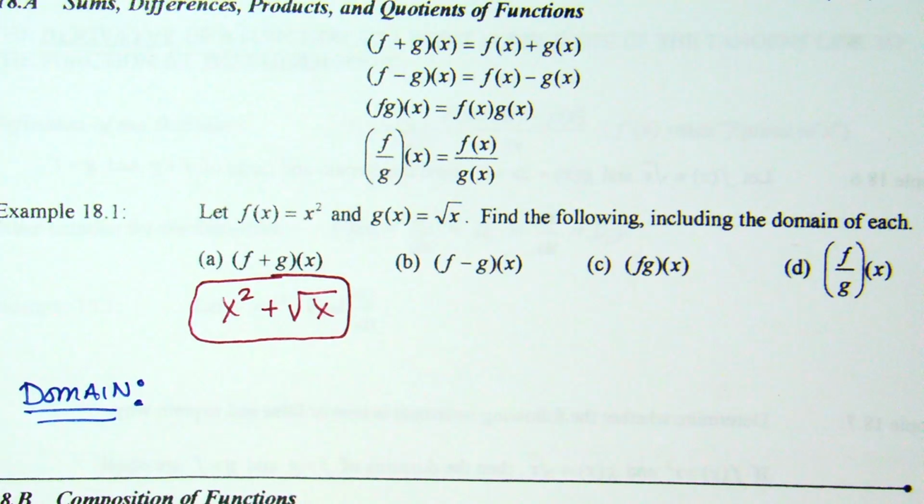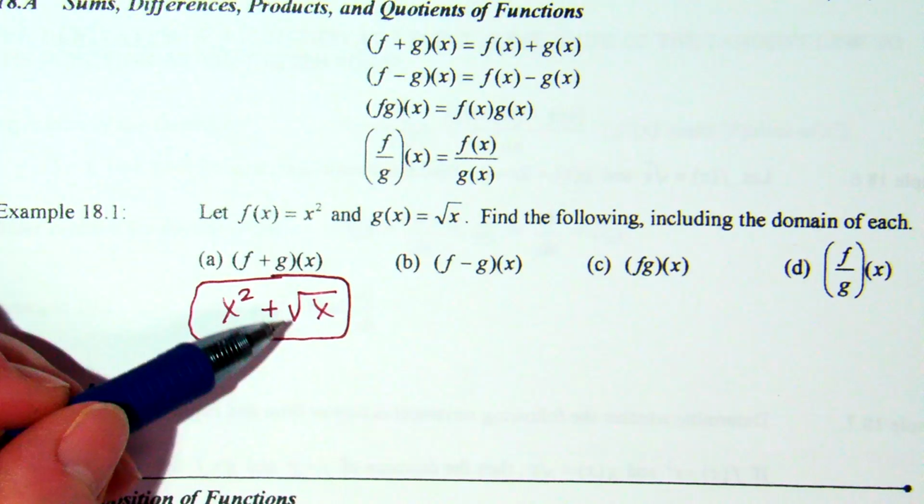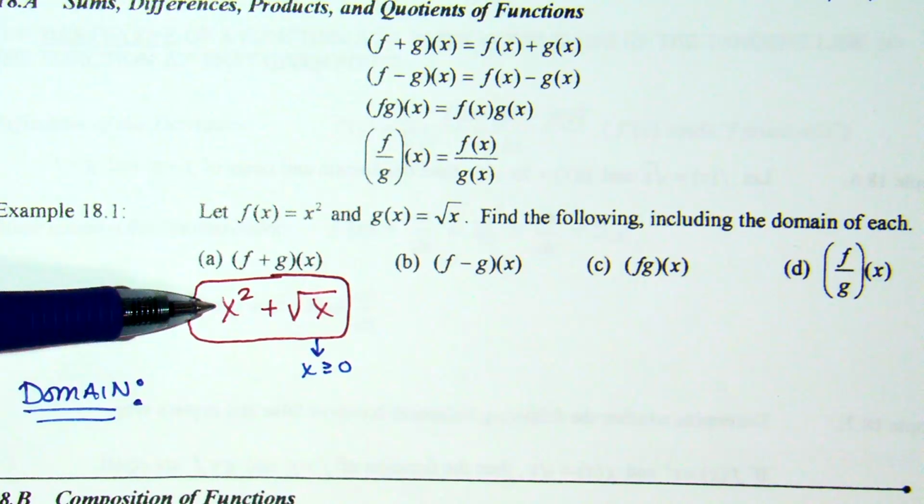Okay, so right here, there's a radical. Whatever's under that radical has to be not negative, so greater than or equal to 0. Are there any restrictions on the x squared? No, you can square anything you want. So what is our domain? X greater than or equal to 0.